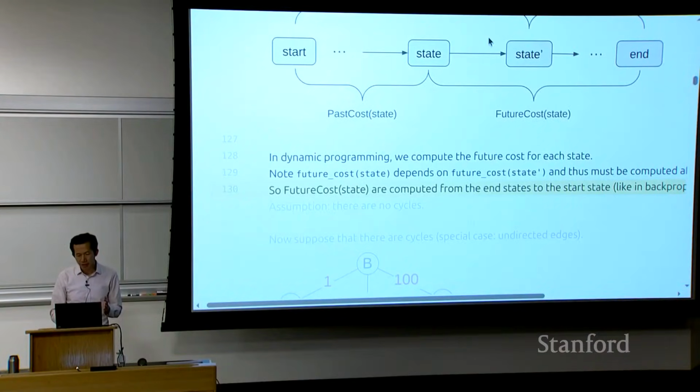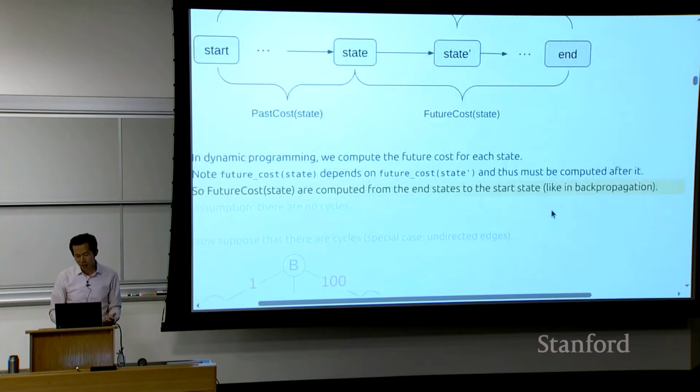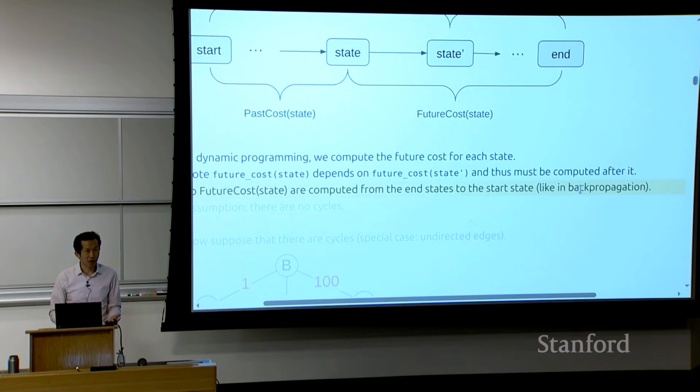So when you run dynamic programming, it's written as a recurrence. But if you look at the ways in which the cache is populated, you'll essentially start from the end, and you start computing future costs until you reach the start state, and then you're done. This might seem a little bit familiar. It's actually very similar to what we did in backpropagation, where you start at the end, and then you compute backward gradients until you get to the beginning.